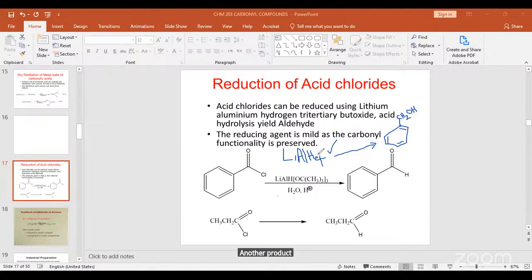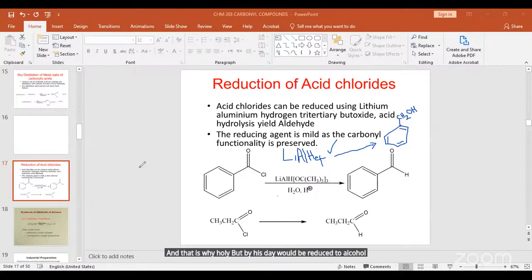Lithium aluminum hydride has 4 hydrogen atoms which it can use to reduce. So invariably, 1 mole of lithium aluminum hydride will reduce 4 moles of your substrate, and that is why whatever is there will be reduced to an alcohol.